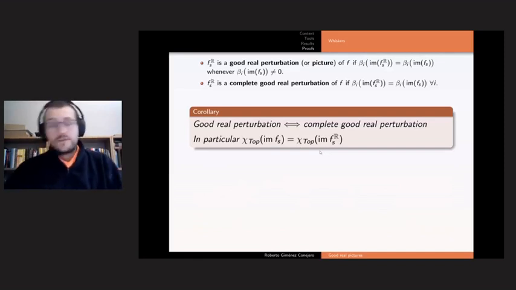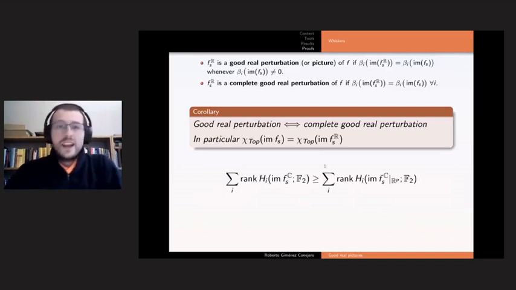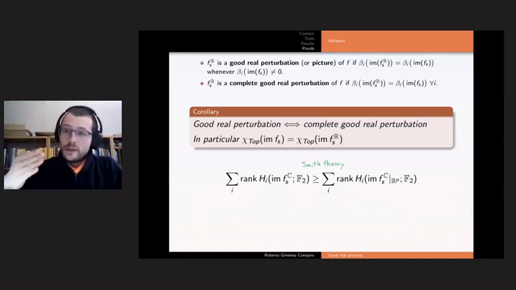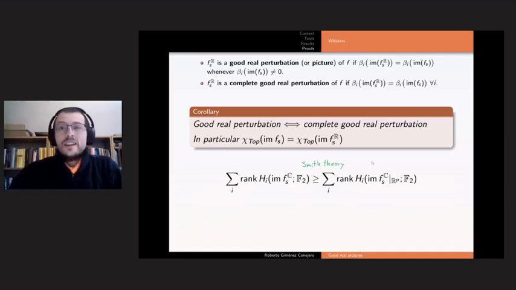How do you prove this? Well, this is Smith theory. So you have the image of the complex points, modulo 2, and you have the Betti numbers of these, modulo 2. By Smith theory, you know that there is an action by conjugation, and the fixed points of the conjugation are the real points in the image.